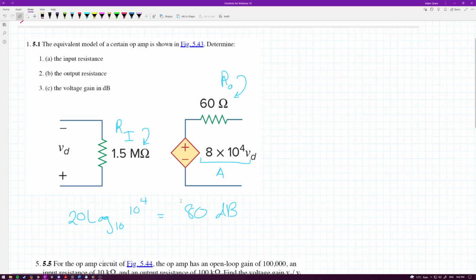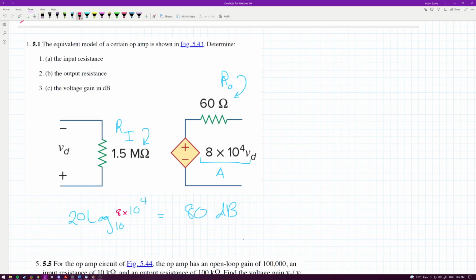So what was your thing? 80 decibels. They got 98.06. Oh yeah, because I did a stupid thing. It's 8 times 10 to the 4, not just 10 to the 4. So I'm going to plug that into my calculator.